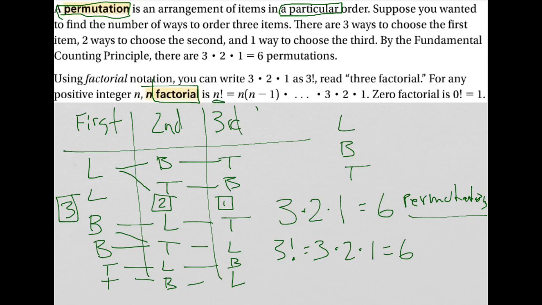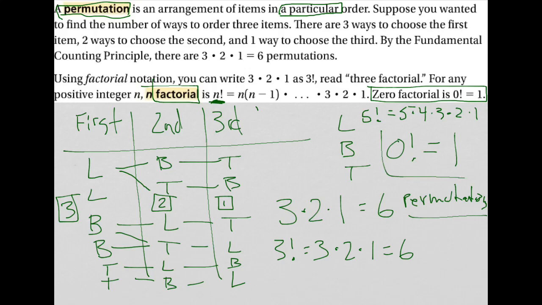This n factorial here, all that's saying is n factorial is n times n minus 1 times n minus 2 times n minus 3 times n minus 4, etc., all the way down to 3, 2, and 1. So if it was 5 factorial, we'd be saying 5 times 4 times 3 times 2 times 1. And also notice that 0 factorial is defined as 1. So 0 factorial equals 1. Just a definition you're going to have to live with.